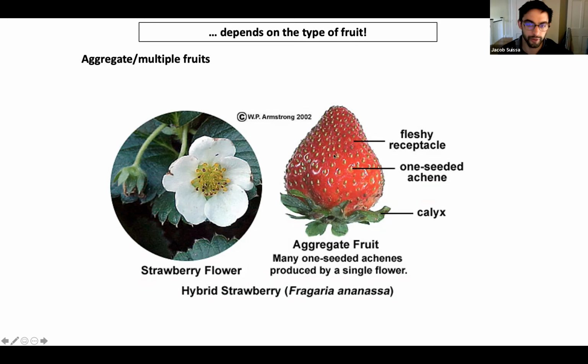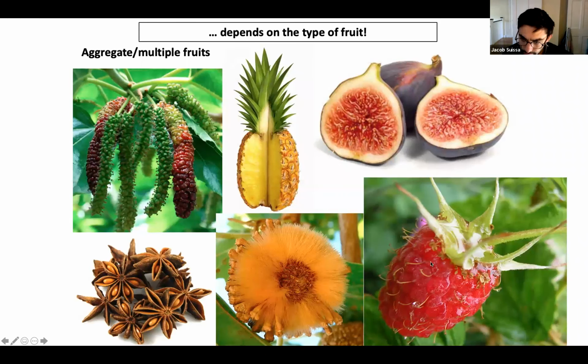And other fruits like this are raspberries. If we look right here, it's a little easier to conceptualize this. Each of these little balls of the raspberry is actually an individual carpel.